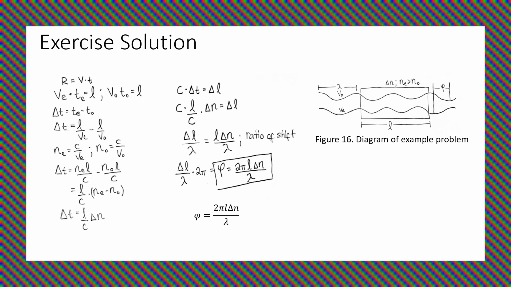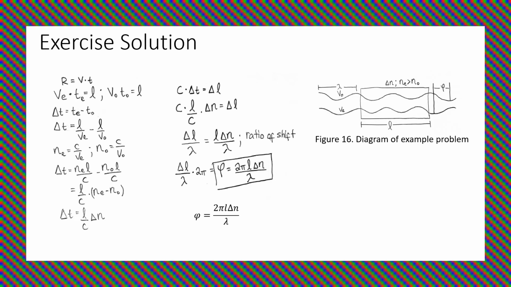We can substitute it into delta t, and then the definition of refractive index, and we get L over c times delta n. Now c times delta t gives you the difference between the lengths, delta L. Delta L over lambda gives you the ratio of shift of wavelength.